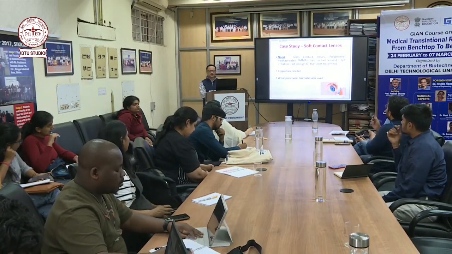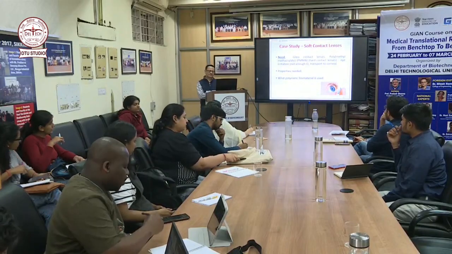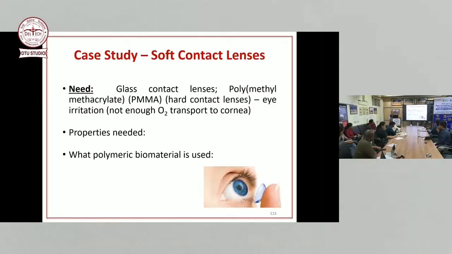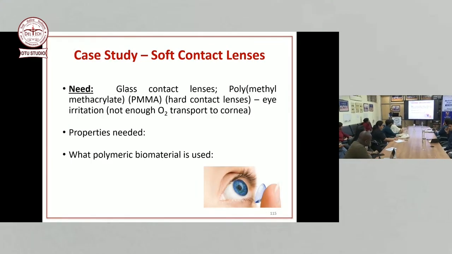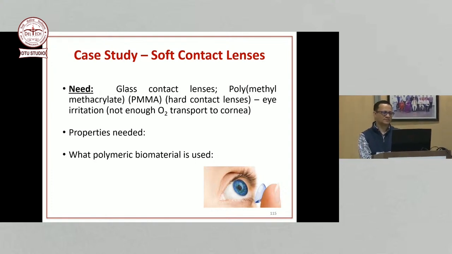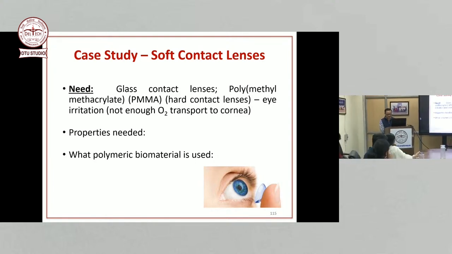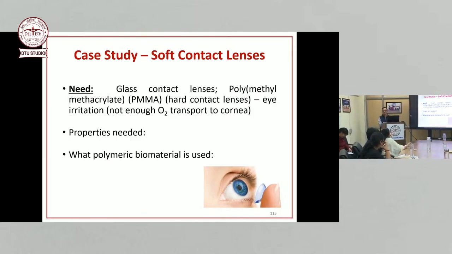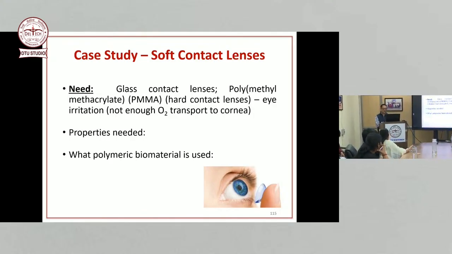Okay, so glass contact lenses can be very uncomfortable. You cannot wear them for a long time. What do you think are important properties we need to make soft contact lenses? Oxygen transport should be good, yes. It should be transparent. It should stay sterile.